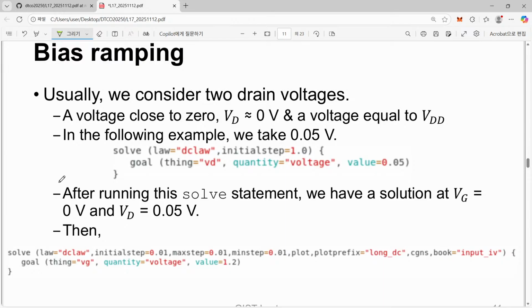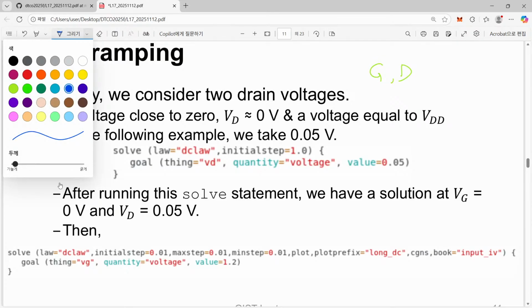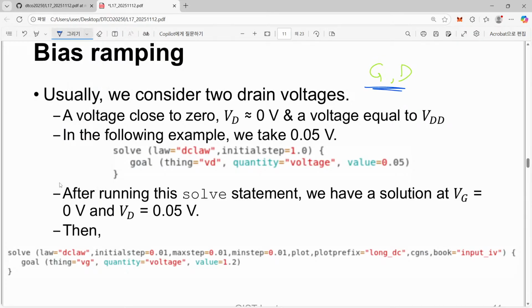But in this case, we have now gate and drain, two different ones. So the important quantities are like this: gate voltage, drain voltage, and drain current. These three quantities are important quantities.